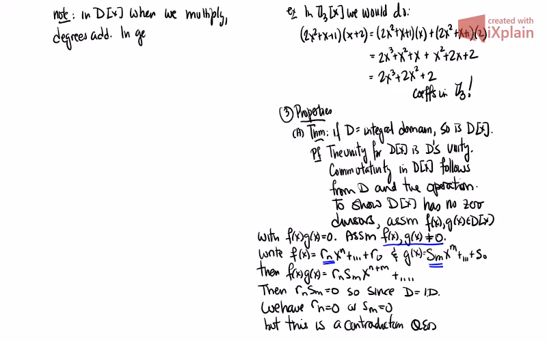In general, in R of x, where R is an arbitrary ring, this may not be true.